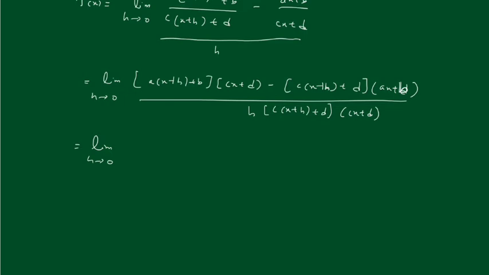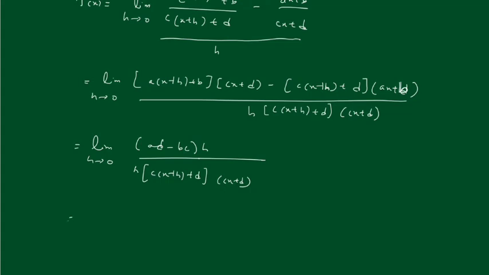So what we can write here? (cx plus h plus d). So by taking ad minus bc, (ad minus bc) into h divided by (cx plus h plus d) (cx plus d).